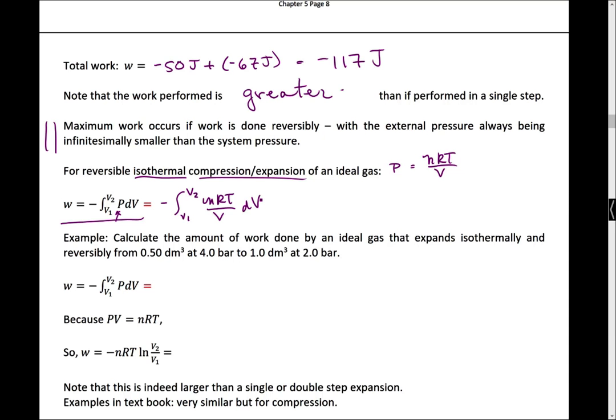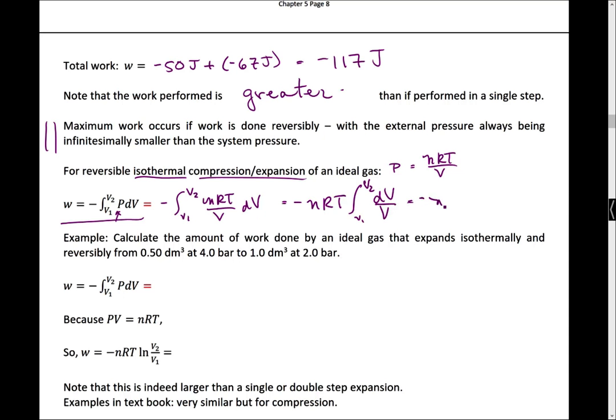Now it's important to step back and say, well, we recognize that we're doing this in an isothermal manner, right? So temperature is going to be a constant. It comes out in front. We're not changing the number of moles of gas, so that's a constant. So this becomes minus nRT integral V1, V2 of dV over V, right?